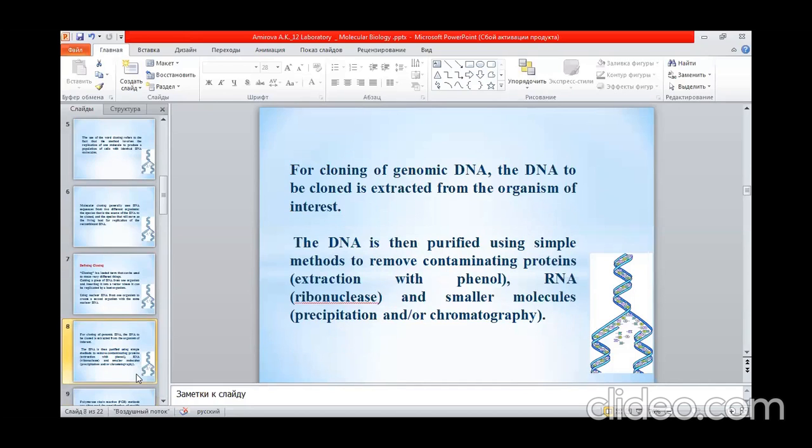For cloning of genomic DNA, the DNA to be cloned is extracted from the organism of interest. The DNA is then purified using simple methods to remove contaminating proteins, extraction with phenol, RNA, ribonuclease, and the smaller molecules, precipitation, and chromatography.